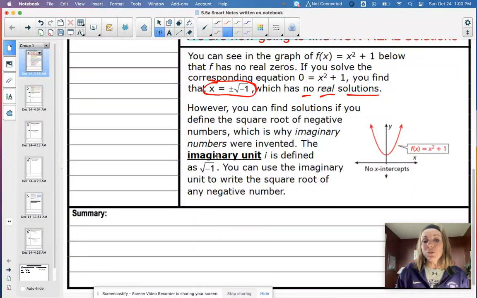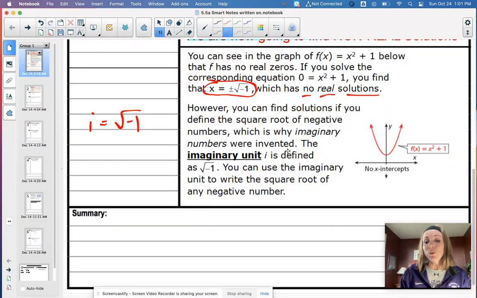However, you can find solutions if you define the square root of negative numbers, which is why imaginary numbers were invented. The imaginary unit i is defined as the square root of negative 1. So i equals that. You can use the imaginary unit to write the square root of any negative number.